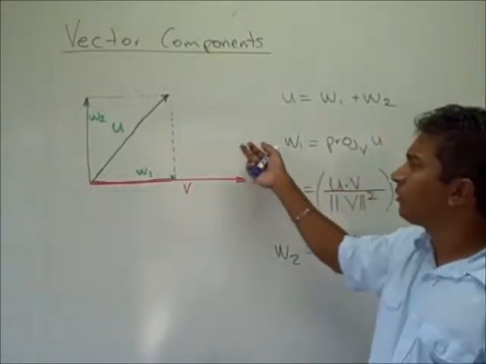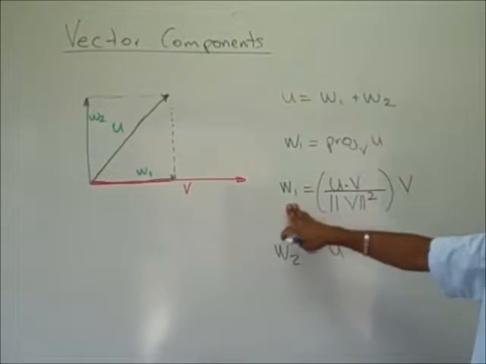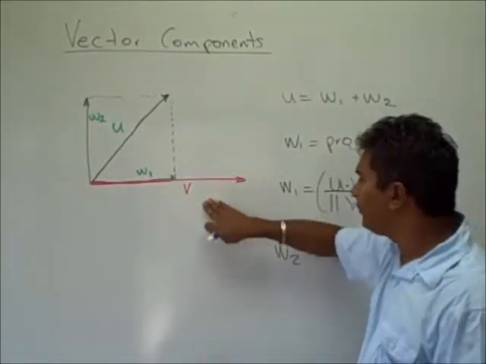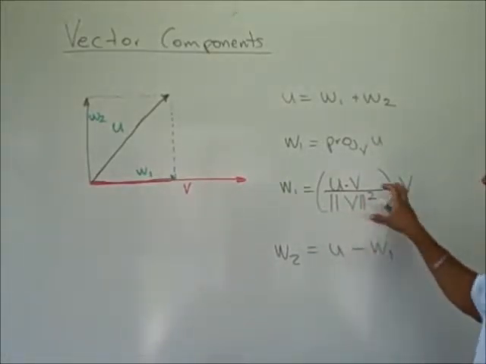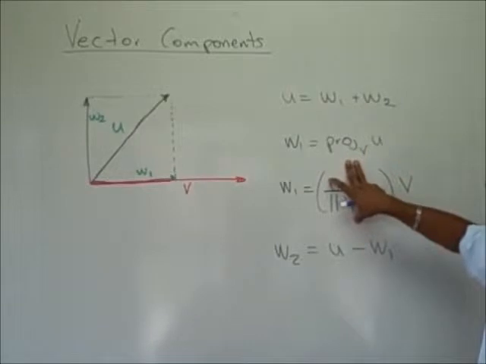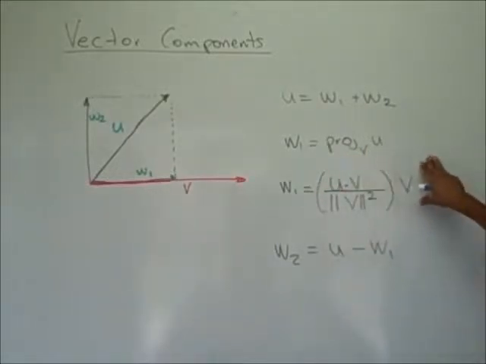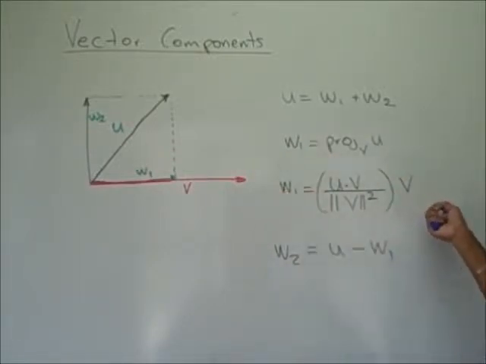Now to calculate the actual value of this projection onto vector v, we say that w1 is equal to the dot product of u times v divided by the magnitude of v squared. This will give us a scalar quantity, and then we're going to multiply this scalar quantity by the vector v. So our answer for the projection is going to be a vector quantity.